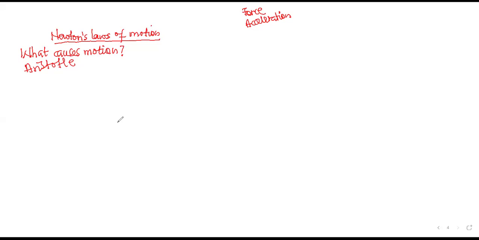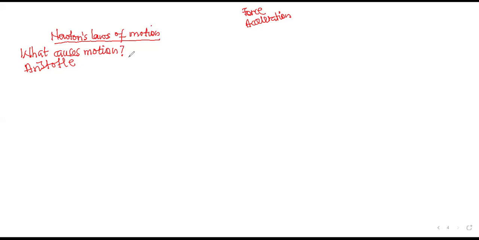And so Aristotle's view of motion was that force is needed for an object or a body to move. But a body would only move when there is a continuous force acting on it. So for a car to move, we must continue pushing the car.